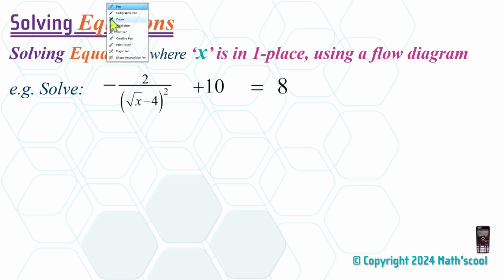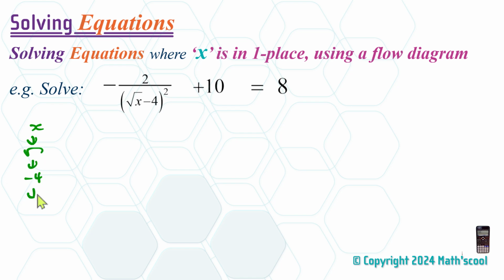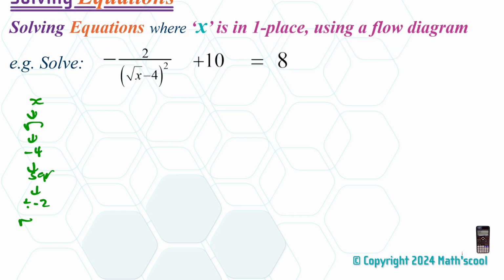So our flow diagram now would be x, square root, minus 4, squared, divide by minus 2, recip. Remember, I read this fraction upside down. I started from the bottom and read it upwards: x, square root, minus 4, squared, and then divide by minus 2. I put the minus on the top there instead as well.